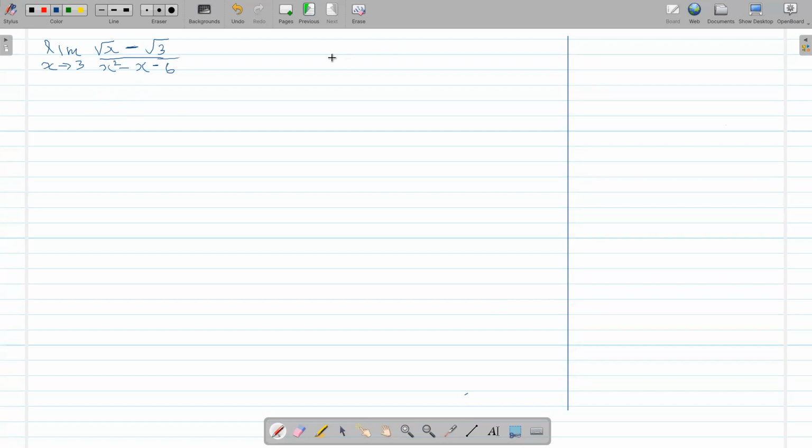So this one again, if I plug in 3 using the quotient rule, here I get 3 minus 3, and in the denominator I get 9 minus 3, 6... 0 over 0 again, no? So the quotient rule method doesn't work for this one. This one also you have to factor.